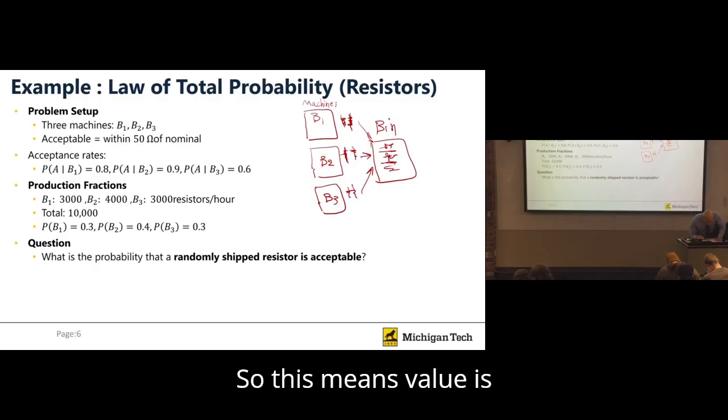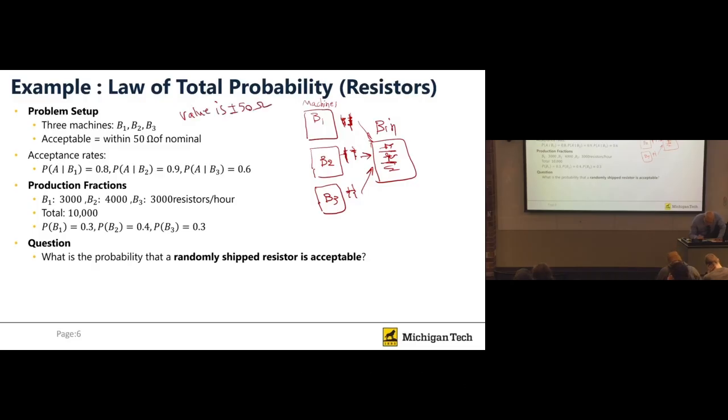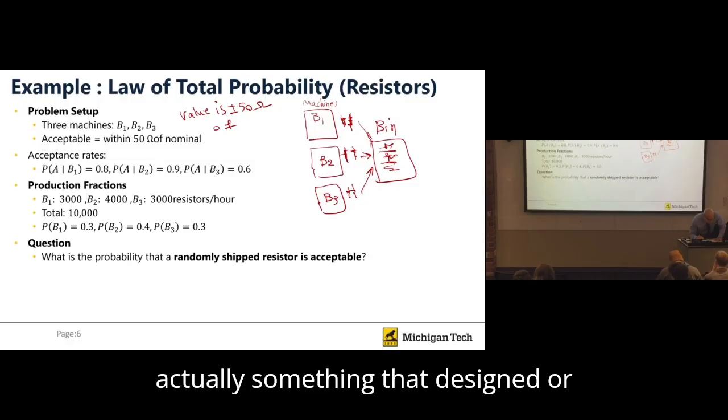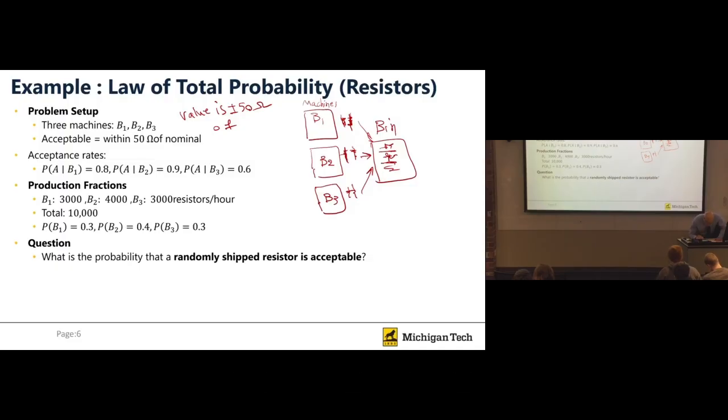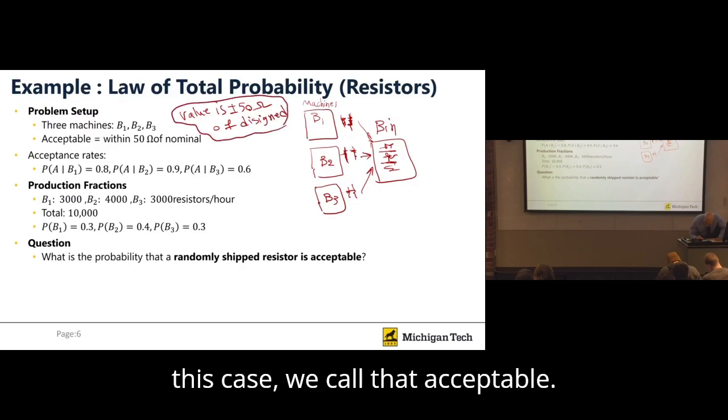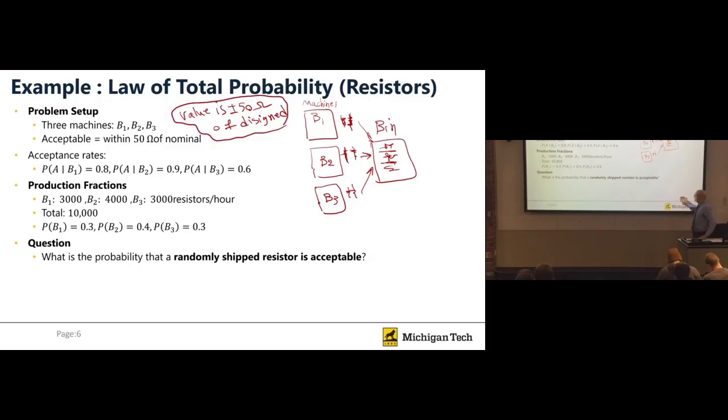So this means the value is plus or minus 50 of what was designed or labeled. We call that nominal, like designed. In this case, we call that acceptable.